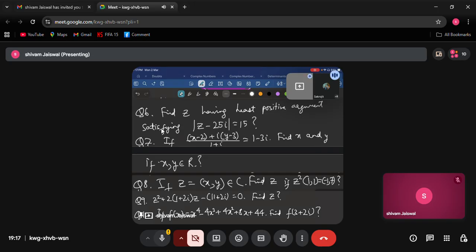Okay, let me start. We need to find out the value of z having least positive argument. Least positive argument. Yes, Devank, you're saying something. Least positive argument means smallest positive angle.